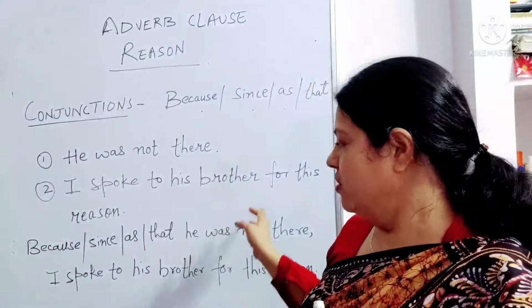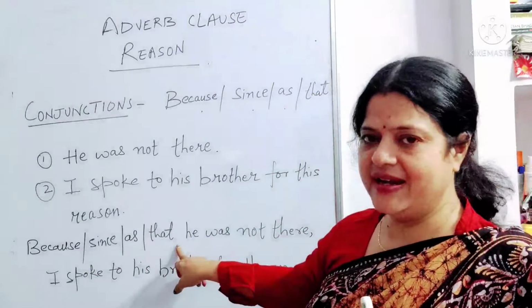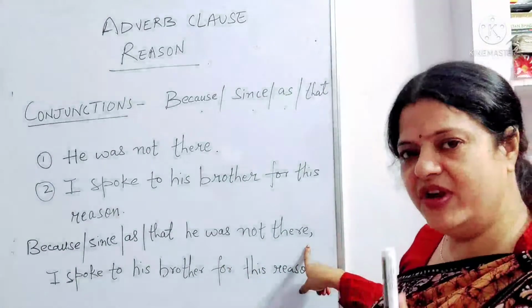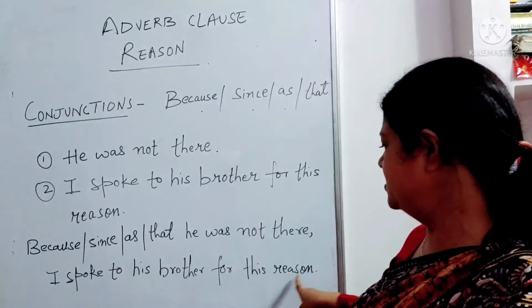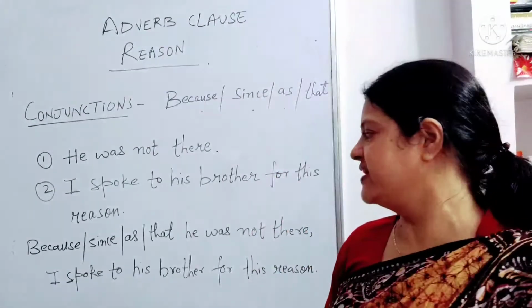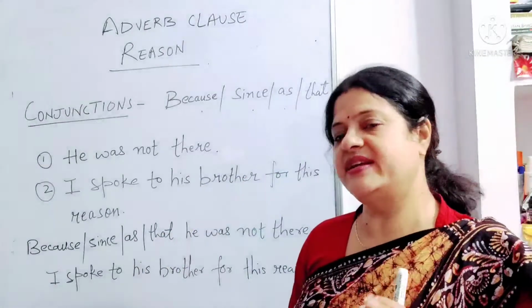So it will be like this: because, since, as, that, any of the conjunctions, he was not there, then we'll put a comma, I spoke to his brother for this reason. Now I have added these two sentences and it has become a complex sentence.